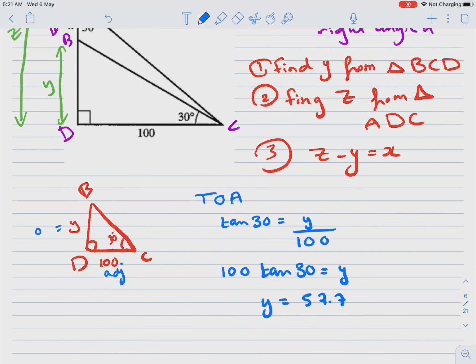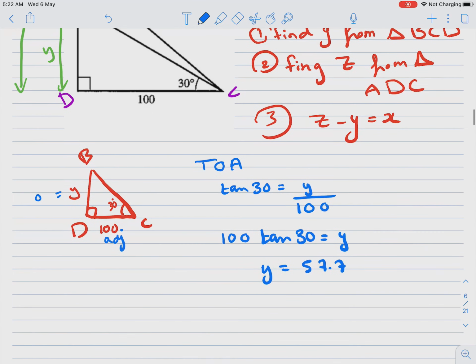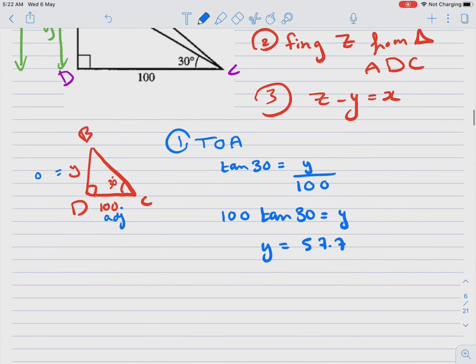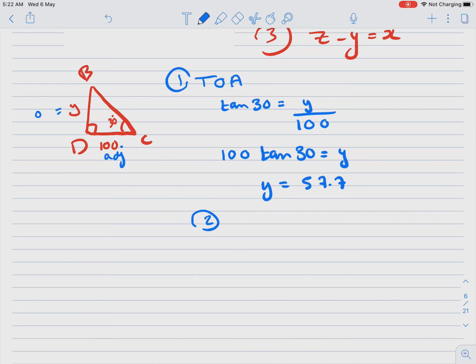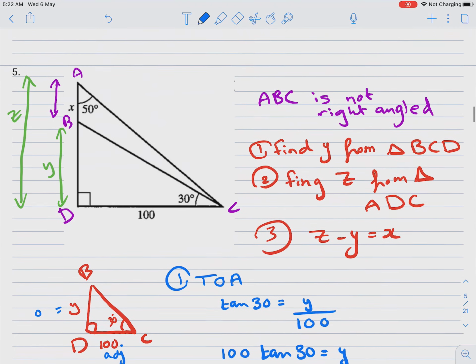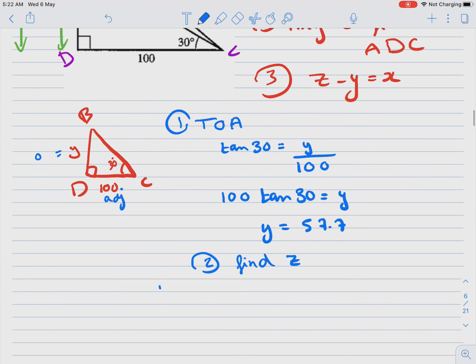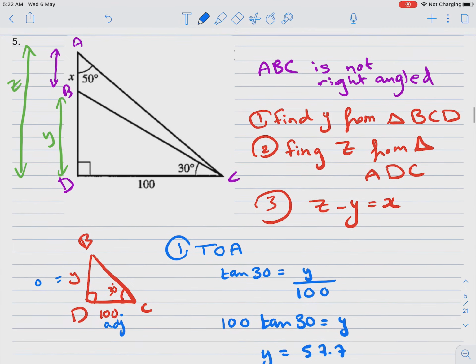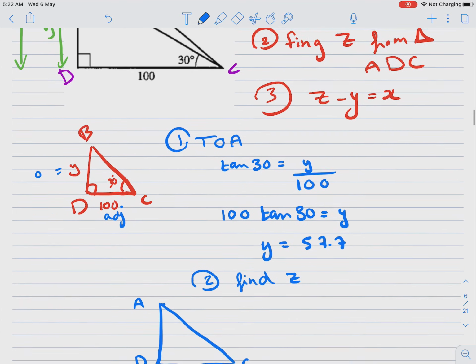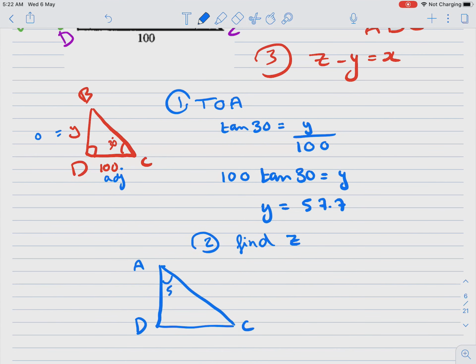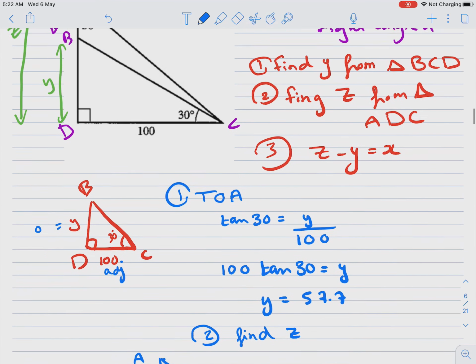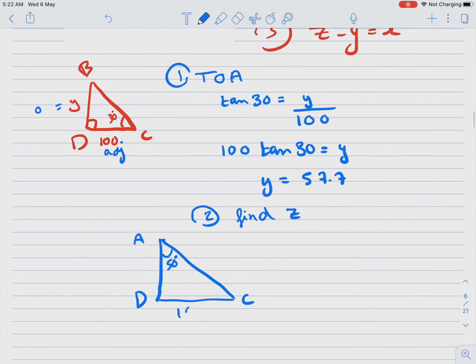So I found y. So this is step 1. Step 2, I need to find z. Which triangle will I use to find z? ADC. Now notice that angle A is 50, and DC is 100.